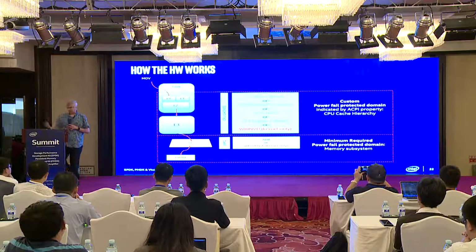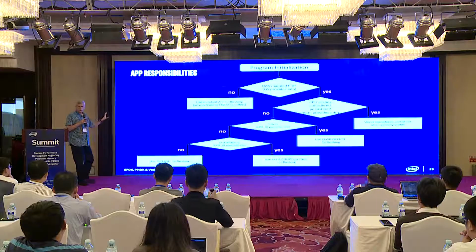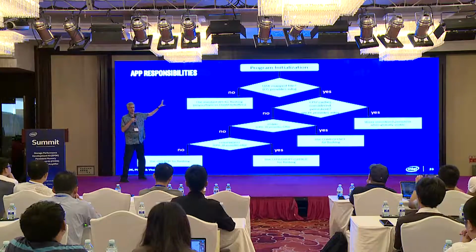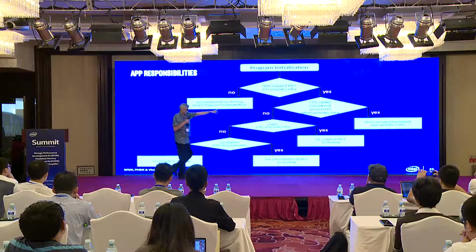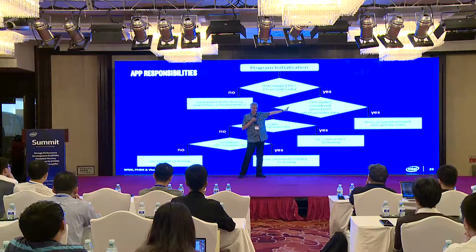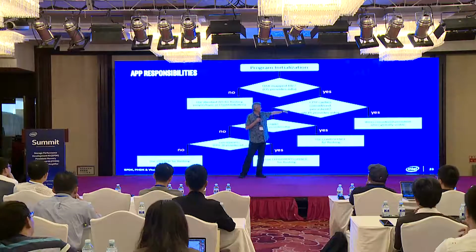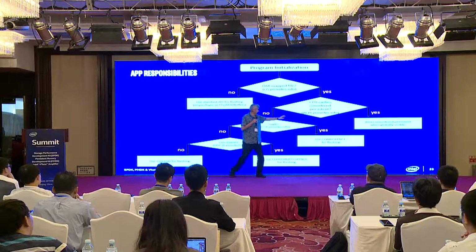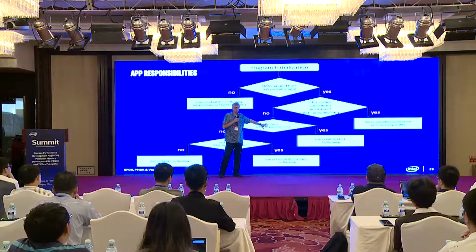How the software works is a little more interesting. Every app that uses persistent memory has these responsibilities. When it starts up, it has to decide, do I have direct access? It has to decide, are the CPU caches persistent on this machine because somebody wired a big battery to it? Or are the CPU caches something that require explicit flushes to make something persistent? If you do require flushes, is the CLWB instruction available?